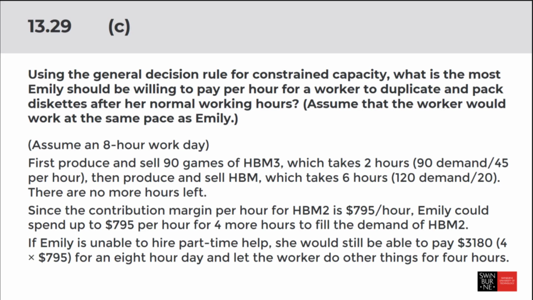If Emily is unable to hire part-time help, she will still be able to pay $3,180. That comes from 4 times $795 per hour for an 8-hour day and let the worker do other things for 4 hours. So that's the end of this activity question.